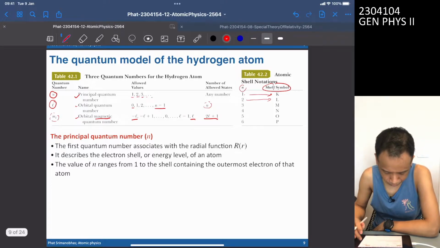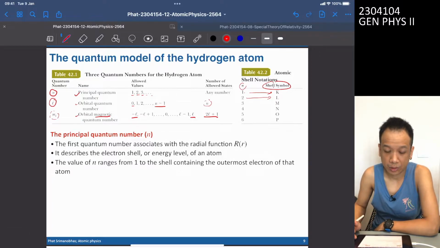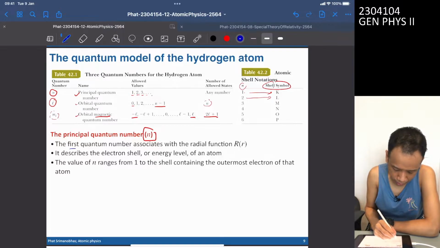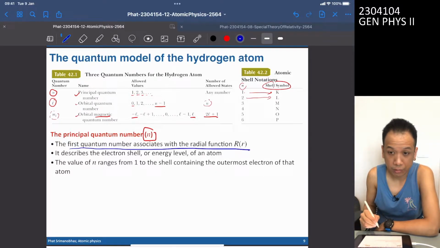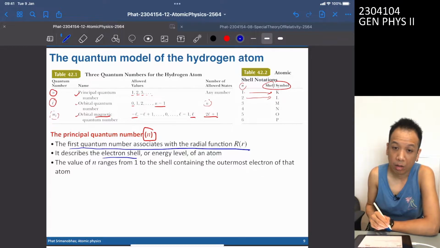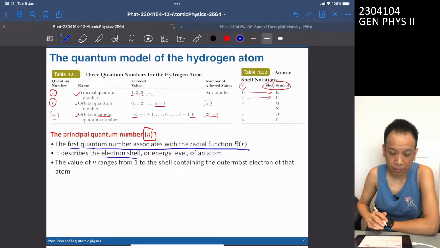The first number is what we call the principal quantum number, n. This first quantum number is associated with the radial functions. It basically describes the electron shell, or the main energy level of the electron.